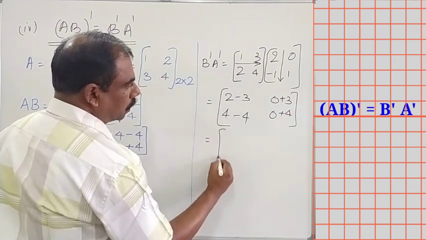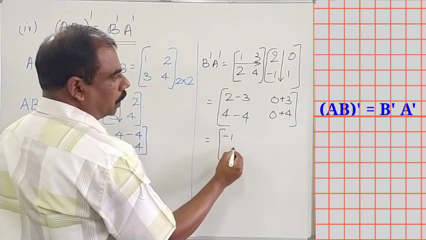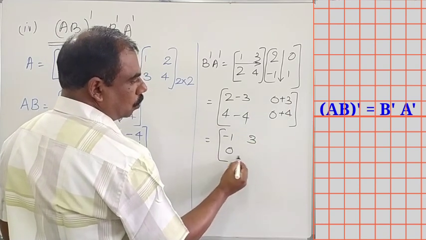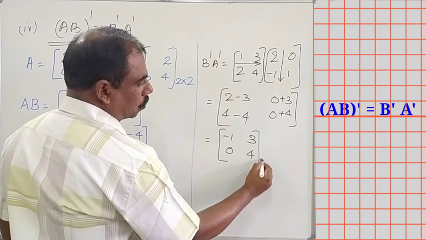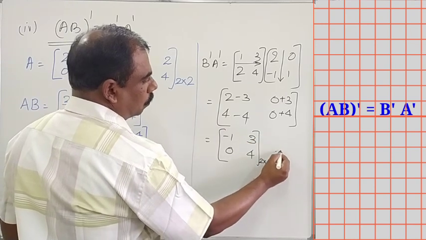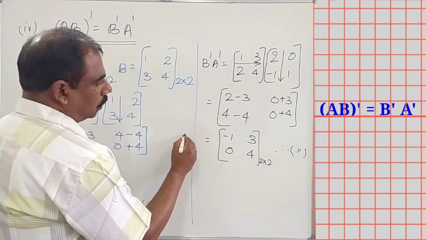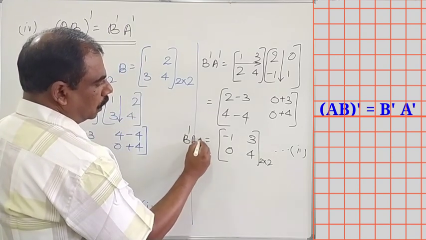Simplifying, we get 2 minus 3, that is minus 1, 0 plus 3, that is 3, this is 0 and this is 4, that's of order 2 by 2. We take it as equation number 2. This is B transpose into A transpose.